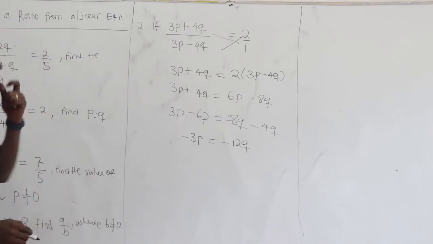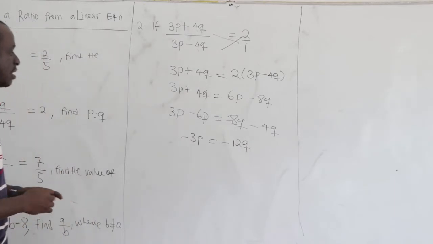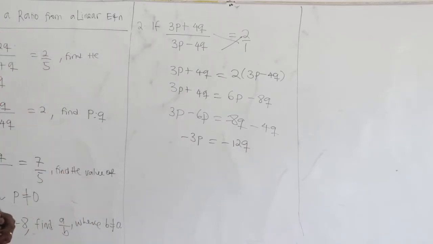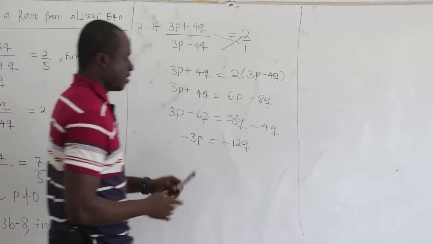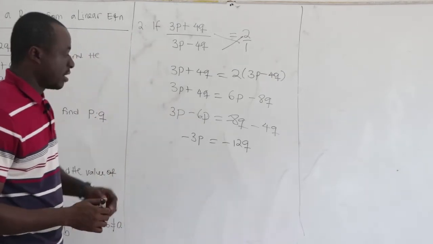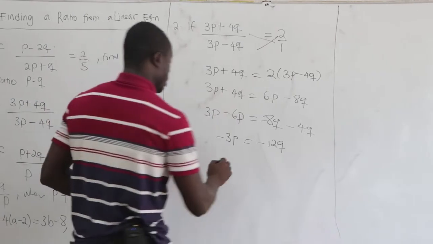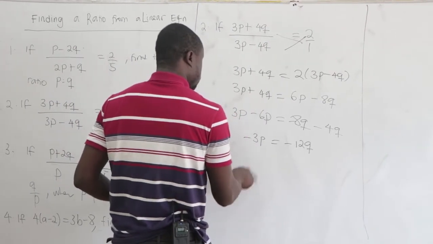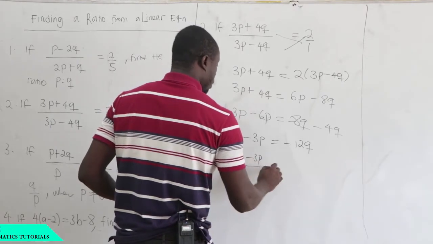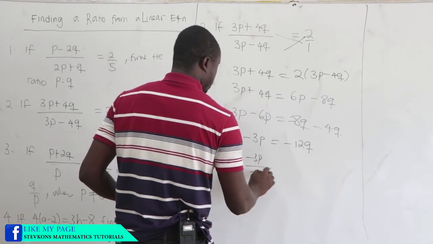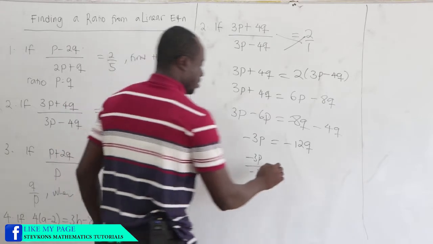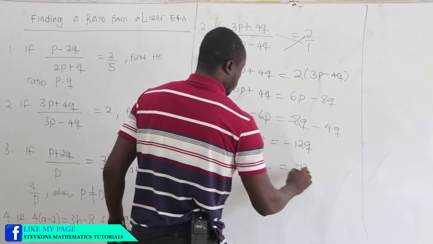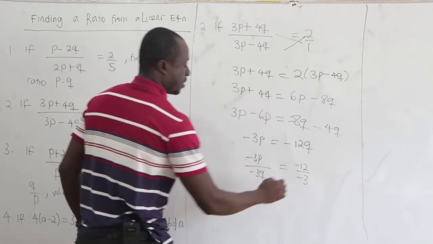Now what do we want to find? We want to find that is P is to Q. So first, let's divide both sides by negative 3Q. So here we have negative 3P all over negative 3Q equal to negative 12Q all over negative 3Q.